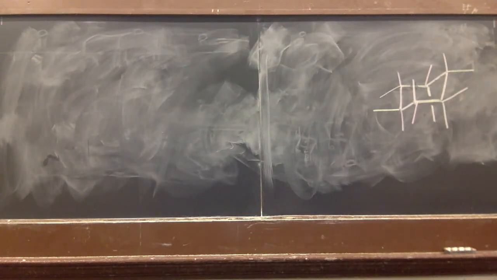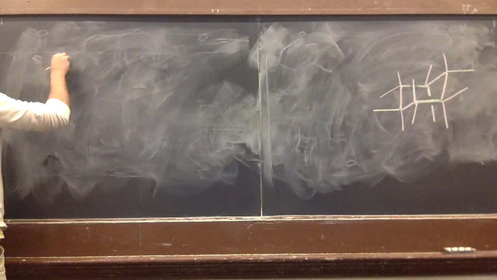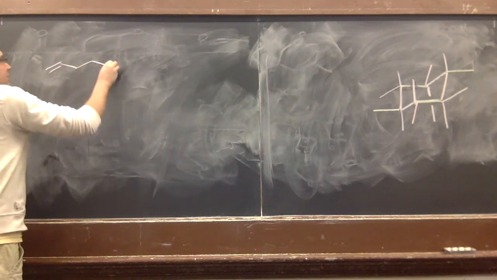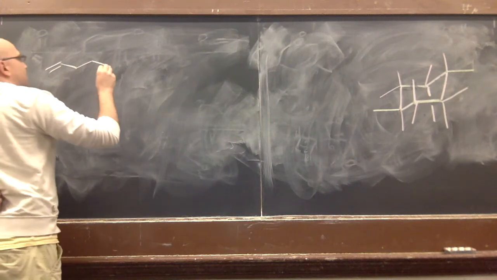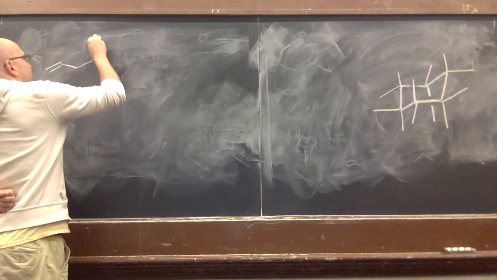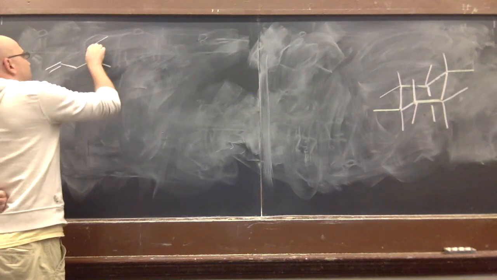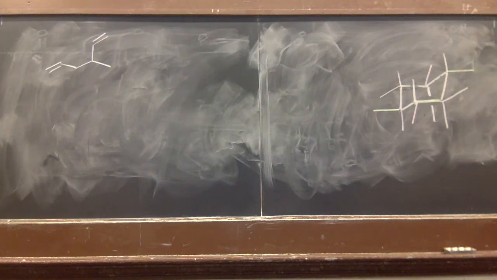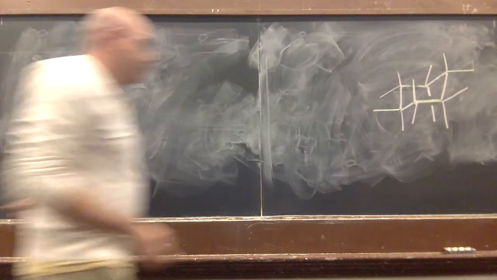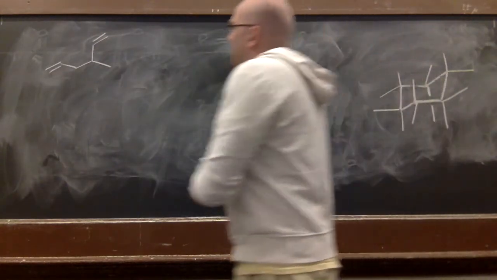given myself time to think of a Cope rearrangement problem, so I'm going to throw a little... Actually, this might make it even easier. I'll just do a standard Cope rearrangement mechanism.